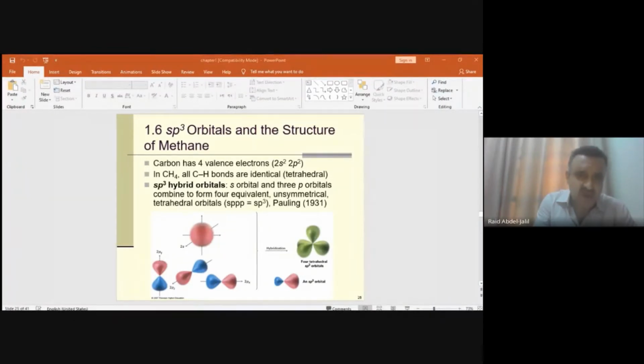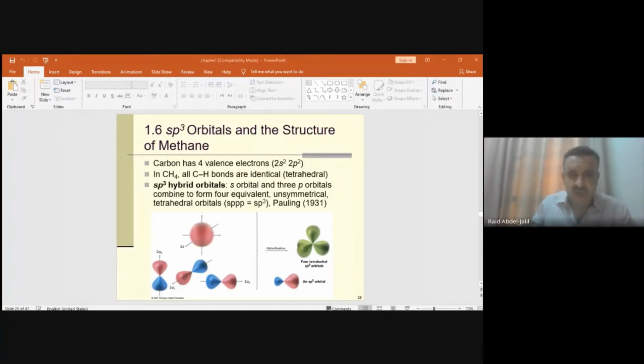In general, whenever carbon has made four covalent bonds, that means the hybridization of this carbon is sp3, as I hope you have studied in general chemistry.